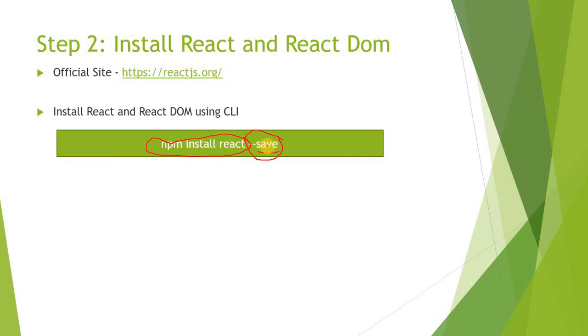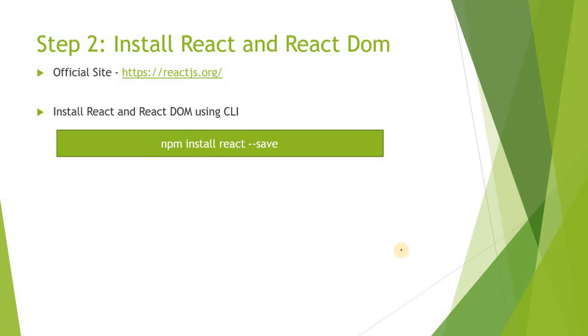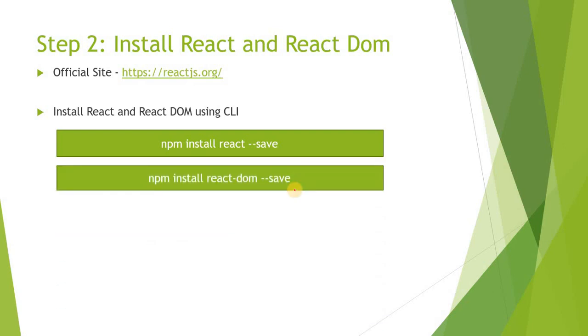It means this entry will be saved in your package.json file, because next time you can directly install it using the npm install command, since this entry is available to use every time, because it has been saved in the package.json file.